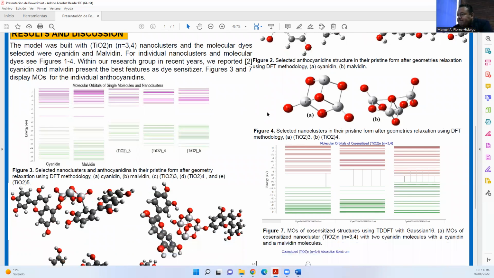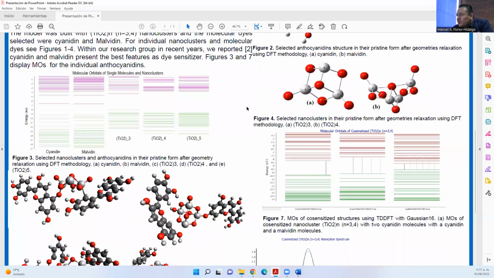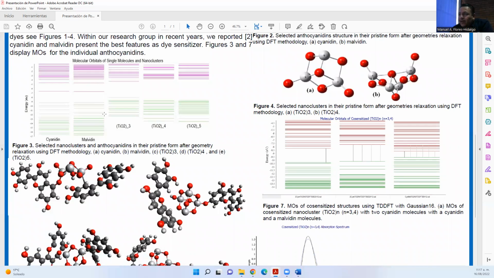To measure that, we have developed this figure using the molecular orbitals for each individual participant in the system that we want to form. So we have the molecular orbitals definition for cyanidin, malvidin, and the nanoclusters that we are interested in for this Congress.